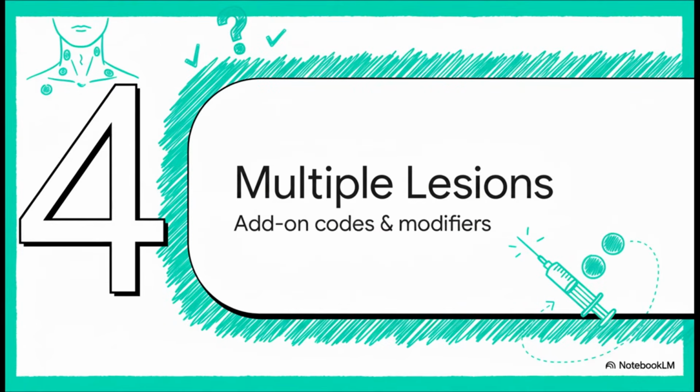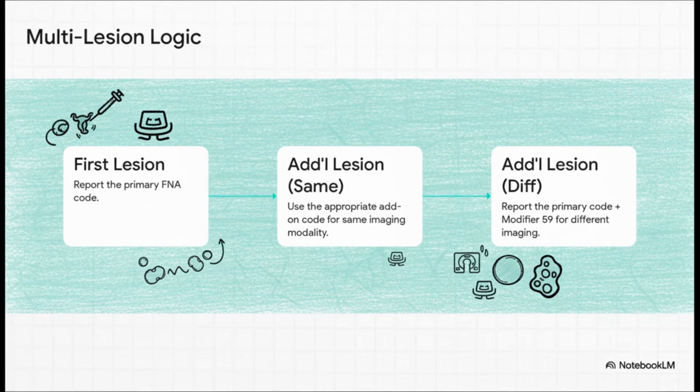Okay, makes sense. One code for one lesion. But what if the doctor aspirates 2 lesions, or 3, in the same session? Aha! This is where we need to talk about add-on codes and modifiers. Knowing when to use them is absolutely critical. Think of it like a little decision-making flowchart. Step 1, code the first lesion. Simple enough.